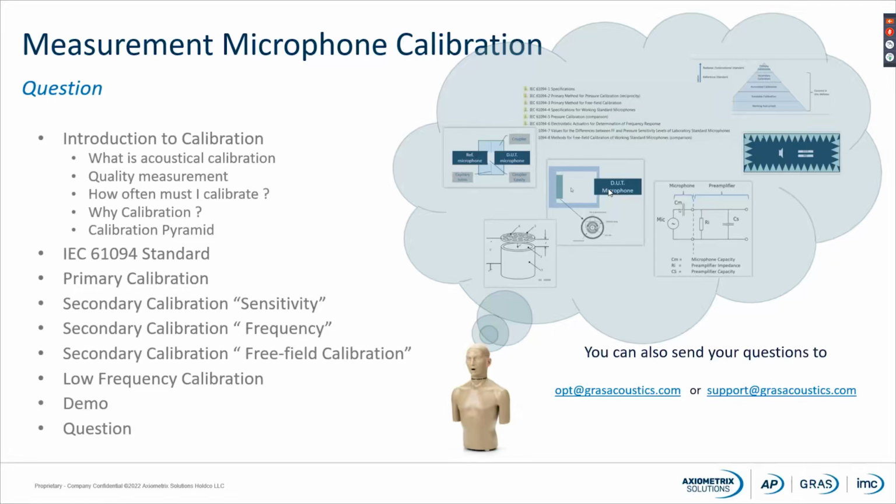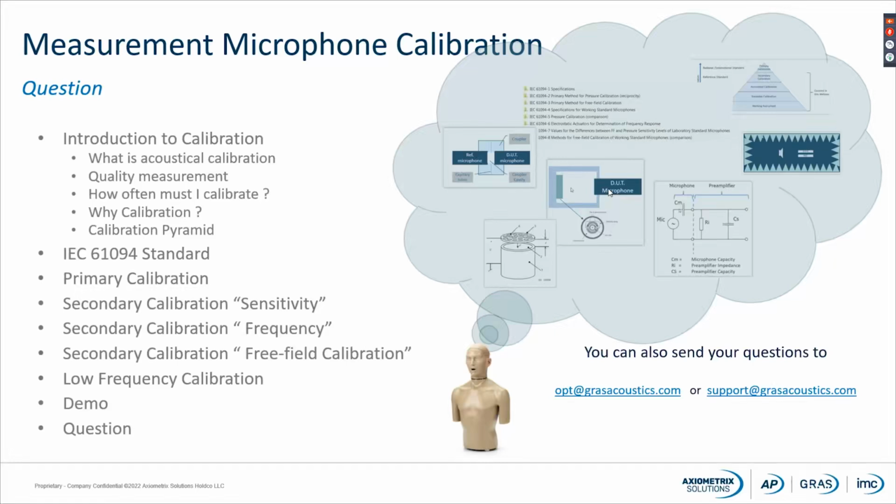And now here's another question about my question on stability of the open circuit sensitivity. I meant whether an older microphone of 20 years can be used with the labeled sensitivity.